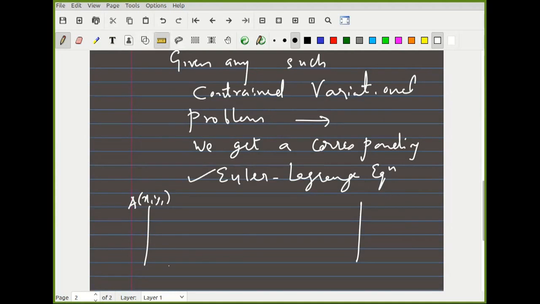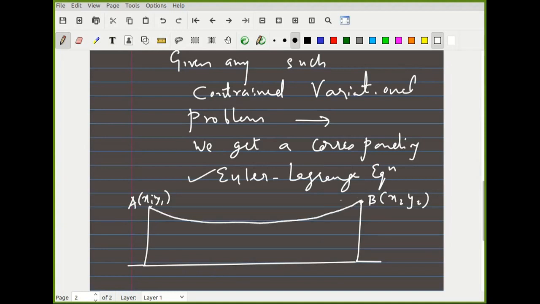Let's draw this diagram in accordance with this, the horizontal reference line being the x-axis, and from this reference line we have coordinate A as x1 y1, coordinate B, which is this tip, as x2 y2, and between them is this chain hanging.